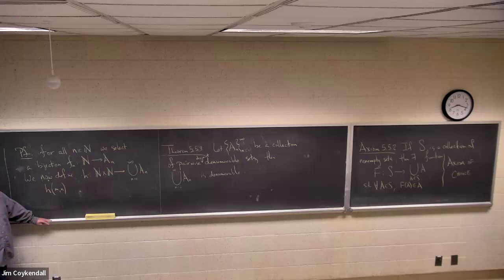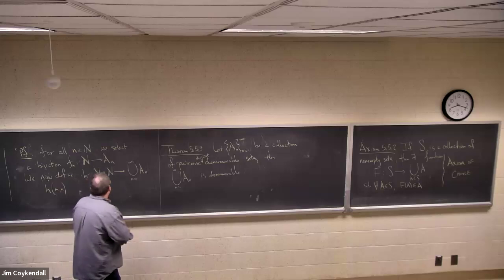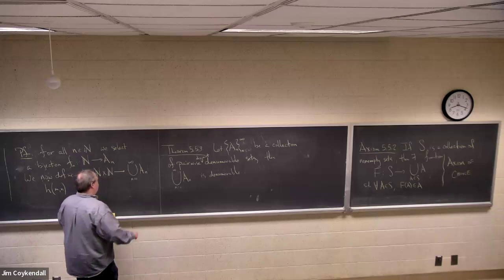What I'm trying to do is build a function from the natural numbers across the natural numbers to this union.